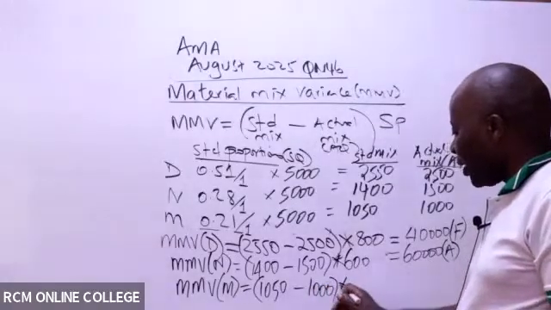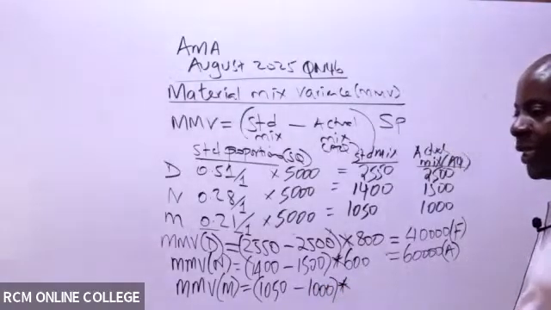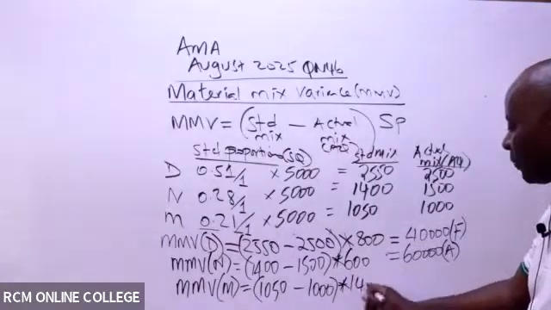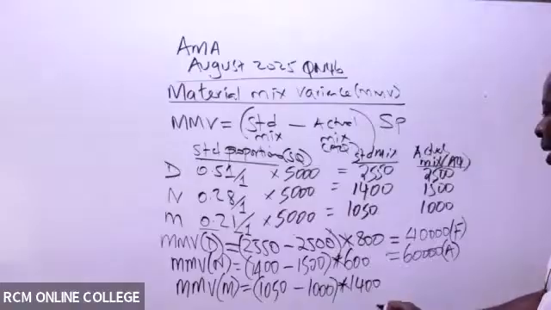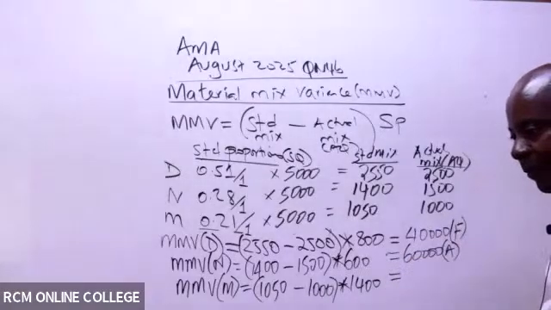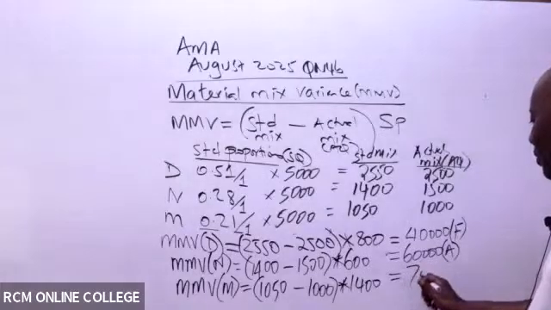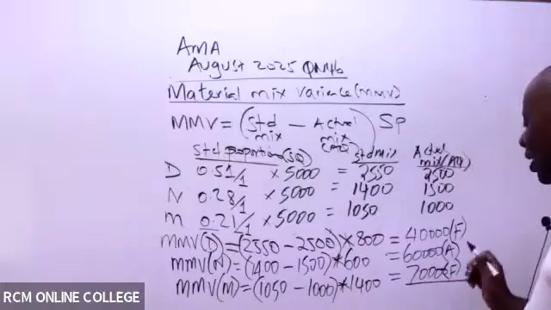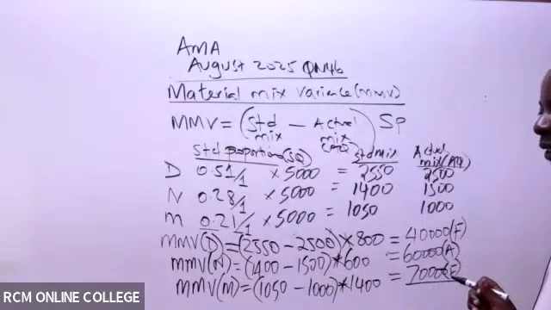Whatever we get, we monetize by multiplying it with the standard price per kilogram, which is 1,400 for M. So what shall be the mix variance for M? 70,000 favorable.